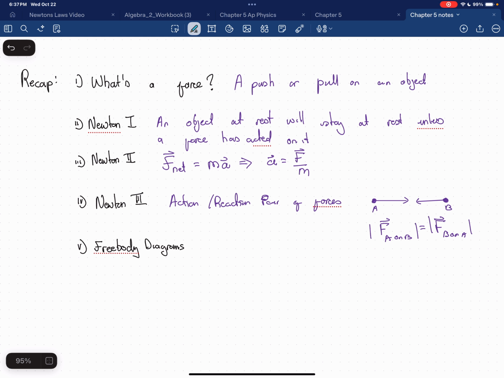So that's basically the third law in summary. There's so much clever algebra we can do with the third law to make math more efficient.